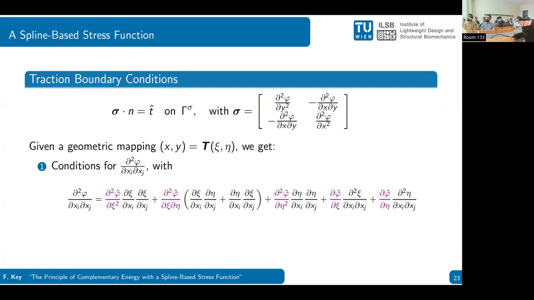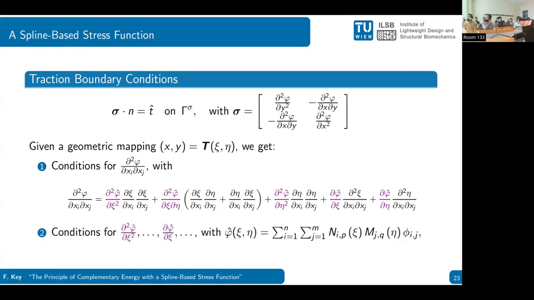So now from conditions for these second order derivatives, we get conditions for these second order derivatives and also for first order derivatives. And finally, since our spline-based stress function, so our phi hat, is expressed in these previously defined basis functions, the only degrees of freedom that we have are those control variables.